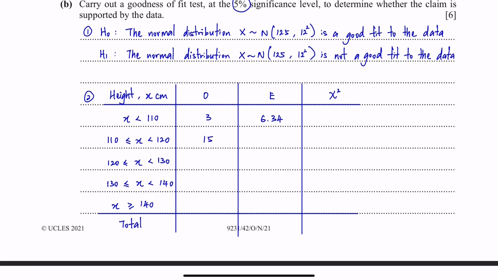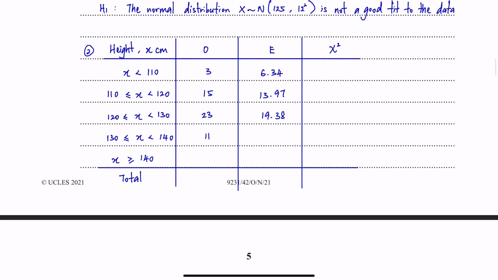So this would be 15, this is 13.97, this is 23, this is 19.38, this would be 11, and 13.97, this would be 8, and 6.34.